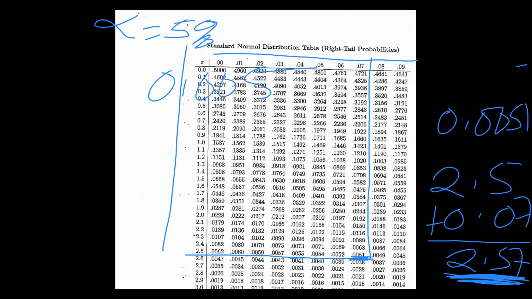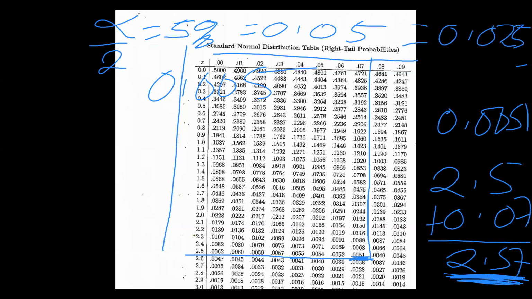Our alpha is 5%, the same as 0.05, isn't it? But if you divide this alpha by 2, this will be 0.025, isn't it? I'm trying to change the different levels of alpha so that you get conversant with this table.